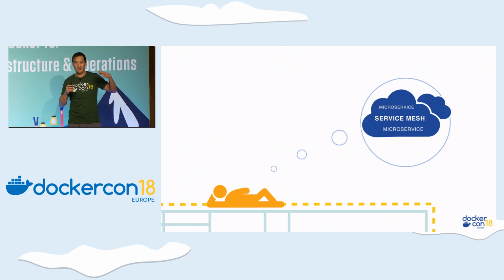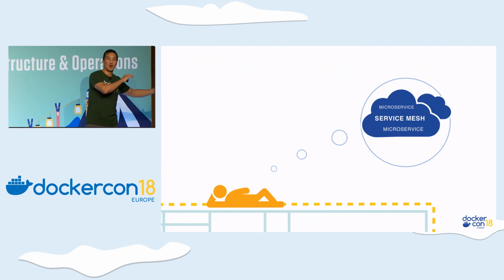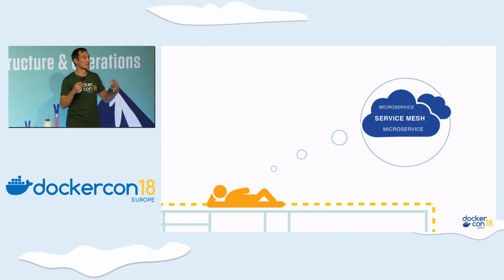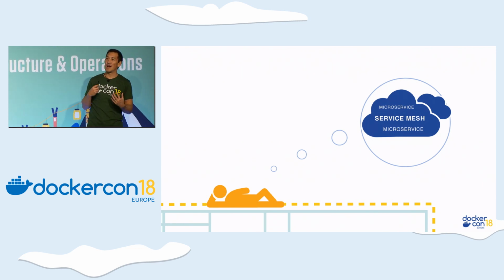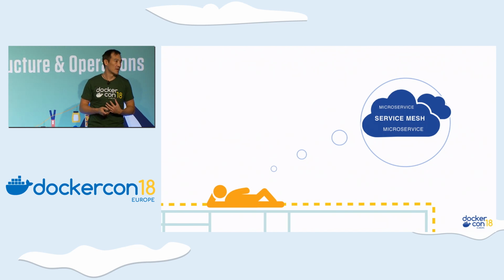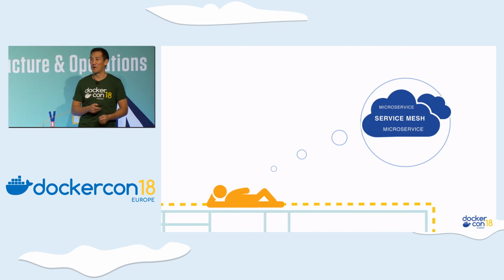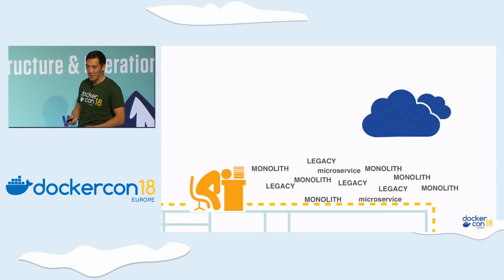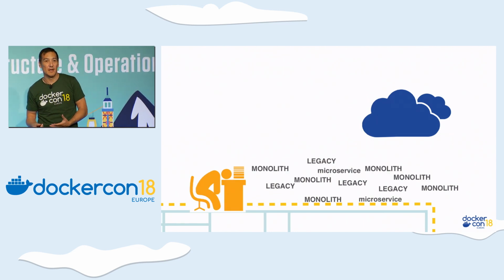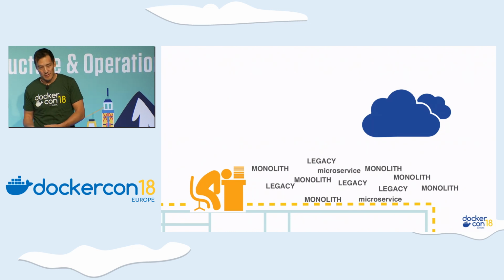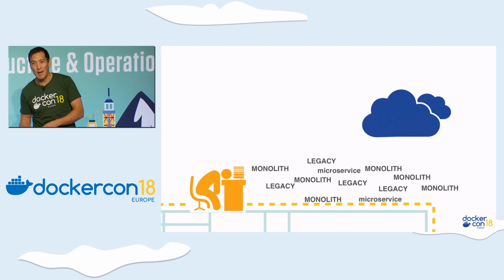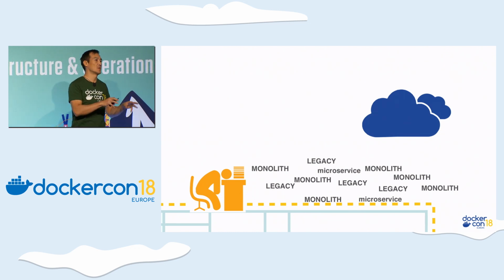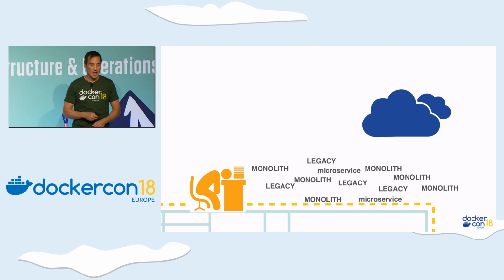And all of these can span multiple clouds, and all you have to do is sit back and relax, and think about the next technologies coming down the pipe. But we all know that this is reality today. You have some monolithic applications. Every once in a while, you have some microservices sprinkled in, and you're wondering how you are going to get all of these to the cloud?